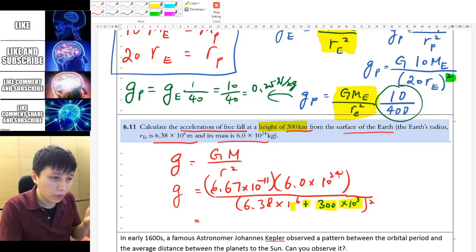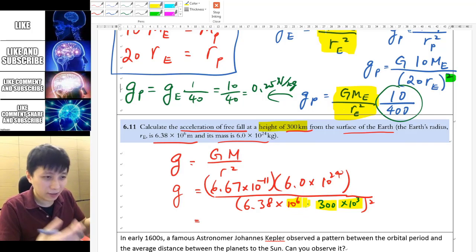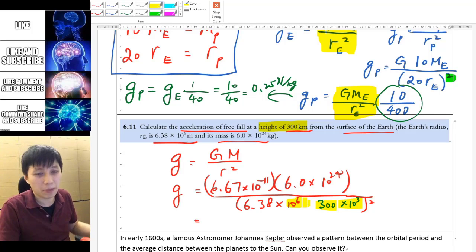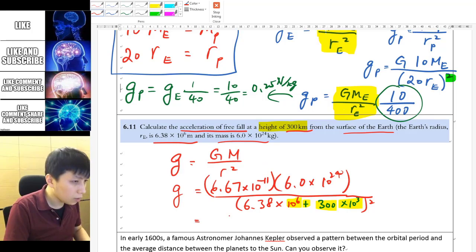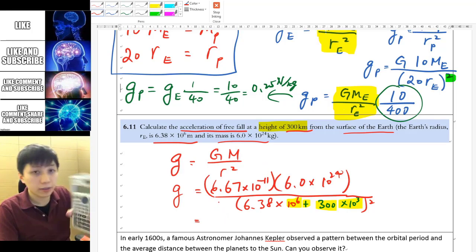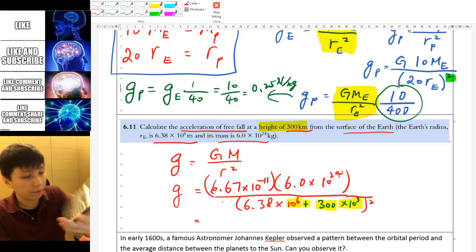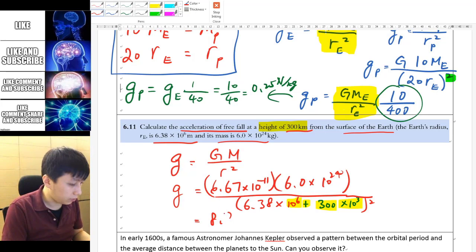If you think about here, this is 10 to the power 6, so in fact 10 to the power 3 doesn't mean much, but then if you try to use your calculator, you'll be able to find the answer to be this 8.9 something, 8.968. Okay, I guess I'll take 2 sig figs, so 9.0 actually.